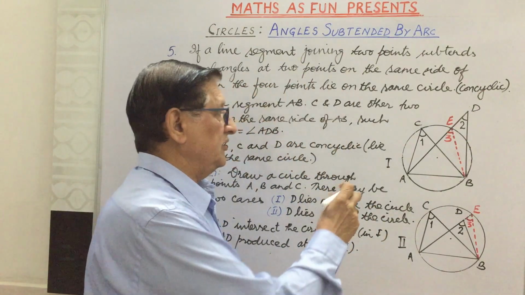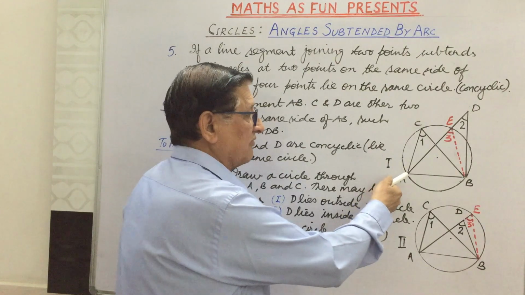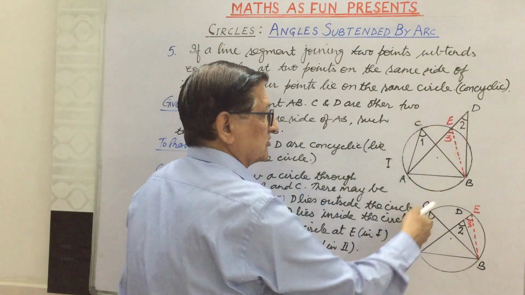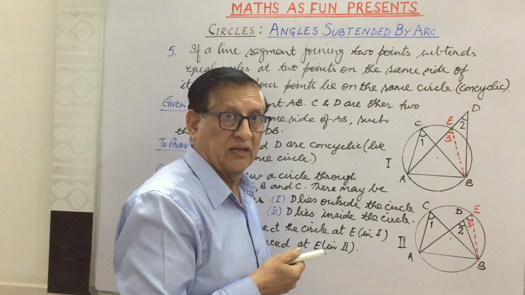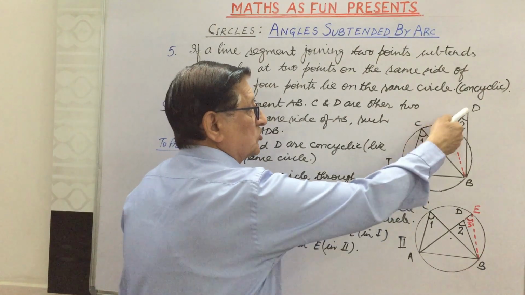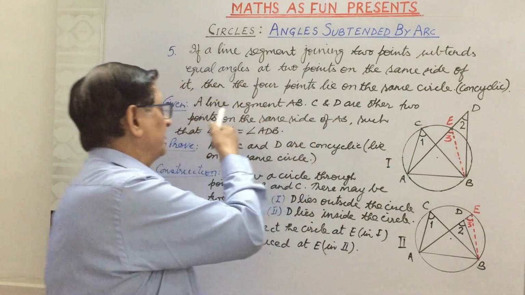The diagram is here. We have a line segment AB. C and D are 2 points on the same side of it, and it is subtending equal angles at these 2 points C and D. So what is given?